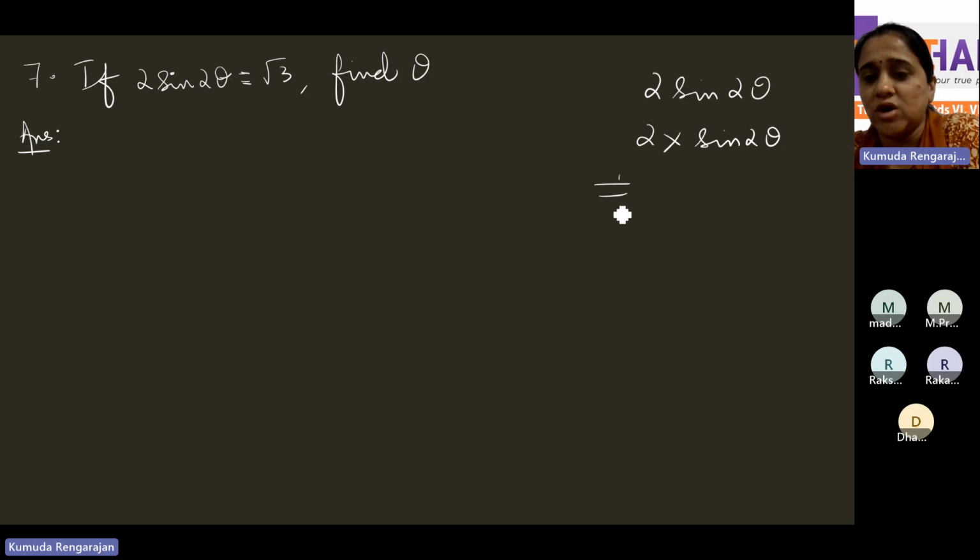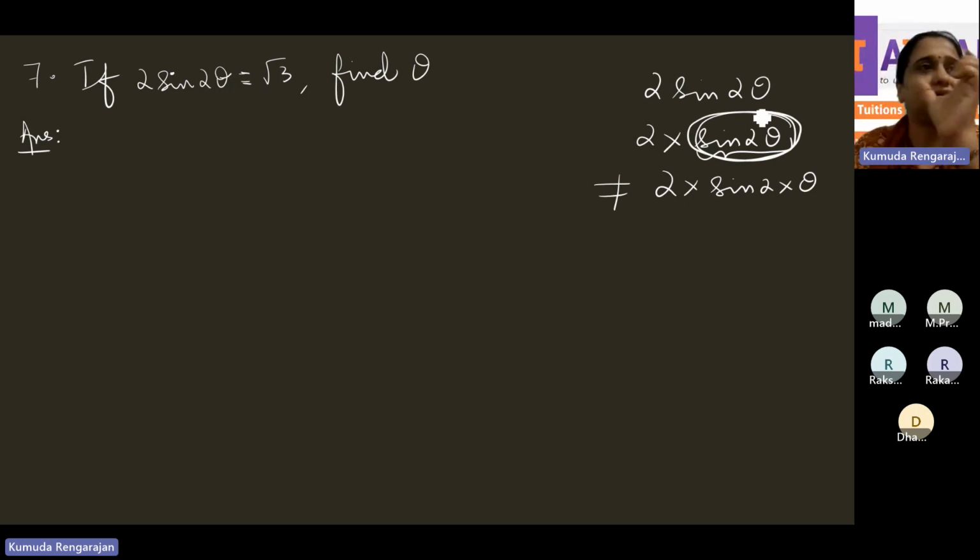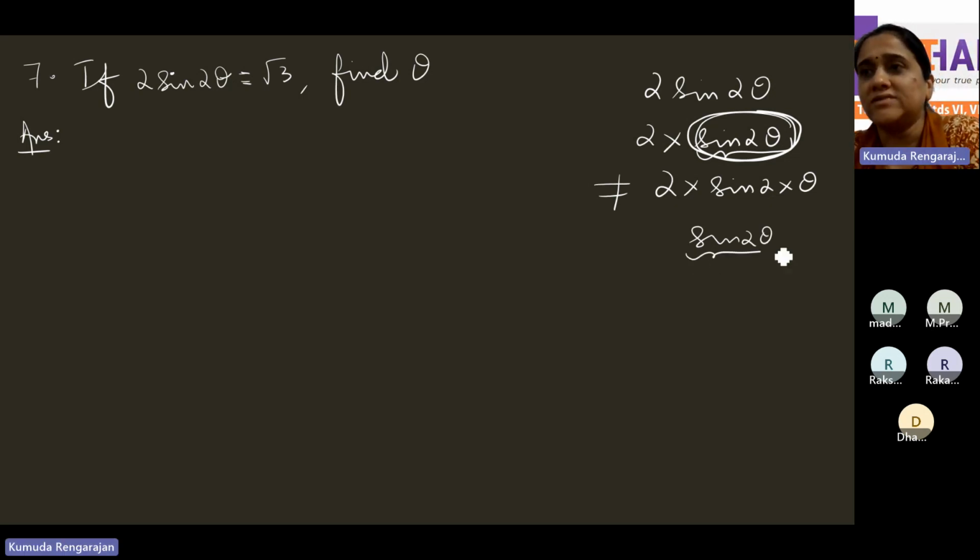But this does not mean 2 into sine 2 into theta, something like this. No, this is one thing. Here, nothing is separable. Sine 2 theta is one thing. After sine, this is the angle. 2 theta is the angle. Here, nothing can be separated.